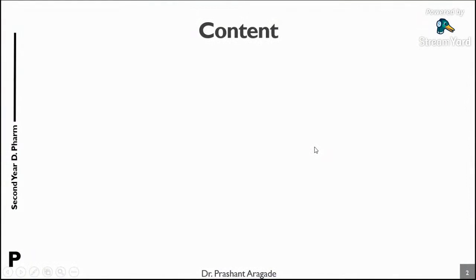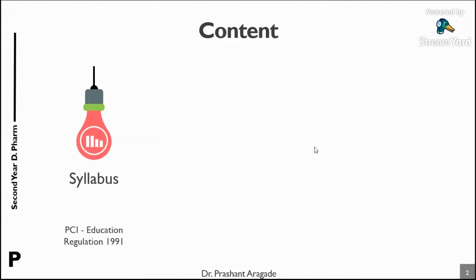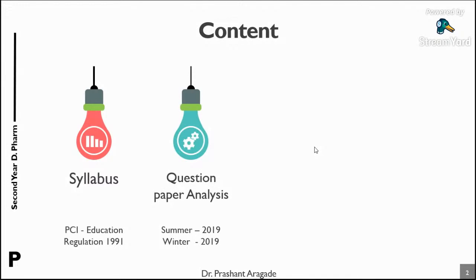In this lecture, we are going to discuss the actual syllabus as per the Pharmacy Council of India. Then we will discuss how to study the question paper and how to do the analysis, and on the basis of that analysis, how to start our study.